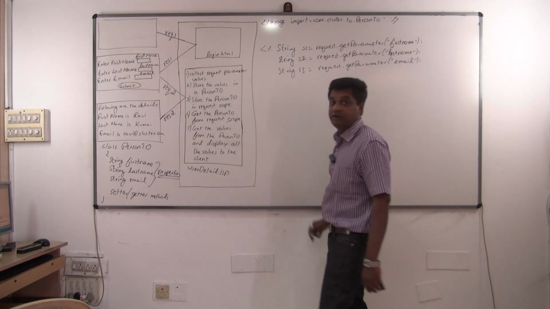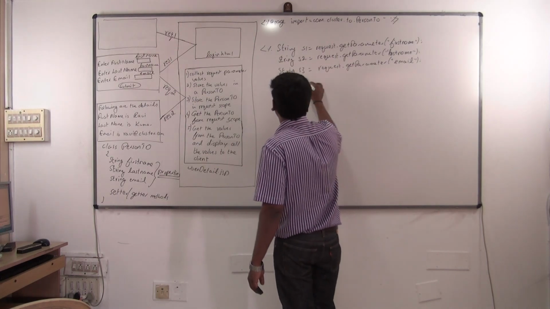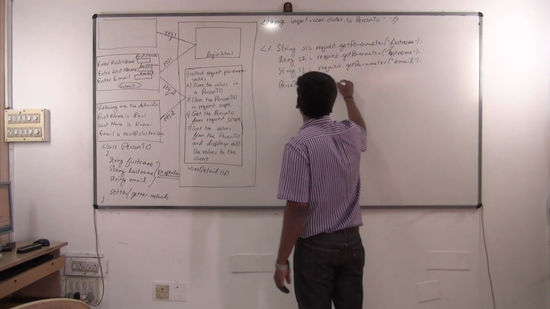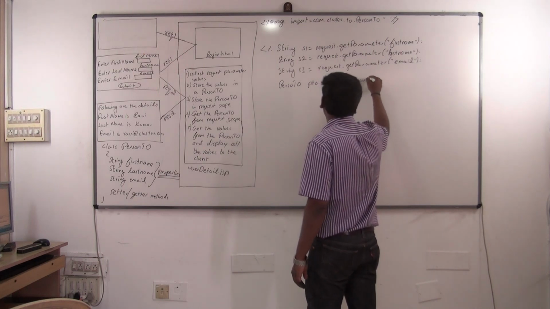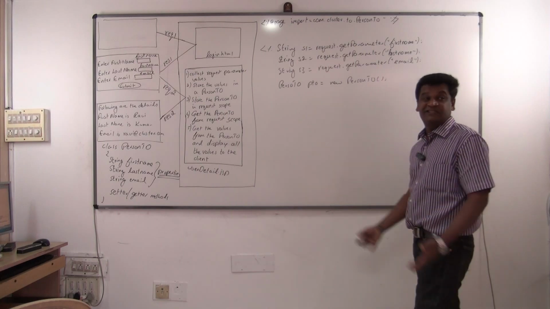Next, what? Put it into the TO. So you have to create the object now. How will you create it? TO PTO is equal to new TO. You have to create the object. Then next, what you have to do? Call the setter methods.